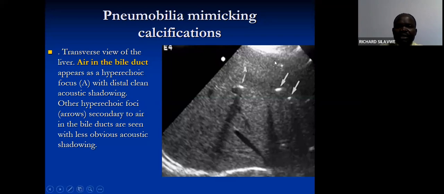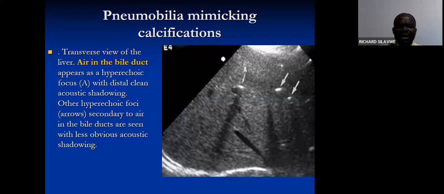We have calcification, transverse view of the liver, air in the bile duct. Here we are dealing with the calcification, the stones there. Okay. You can see the acoustic shadowing.